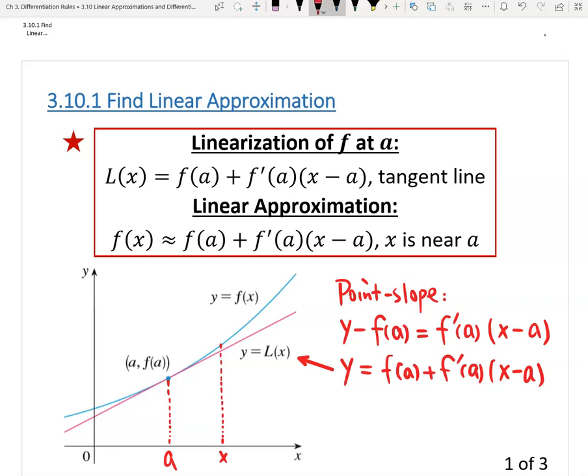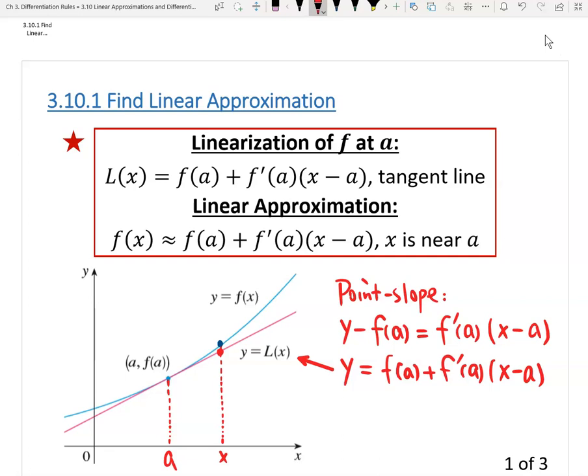Now, what do we have? We have two points. This one point is on the original curve. And the second point is this point, can you see I'm drawing? This point is on the linearization, on the tangent line.